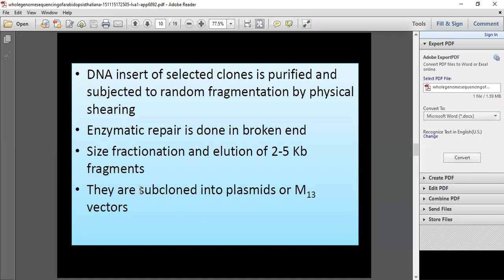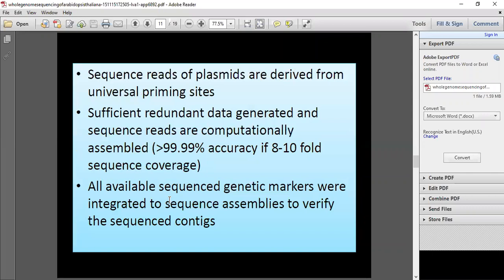It is a method of subcloning. Then after subcloning they generated the data by using the method of sequencing. Then they computationally assembled those segments.